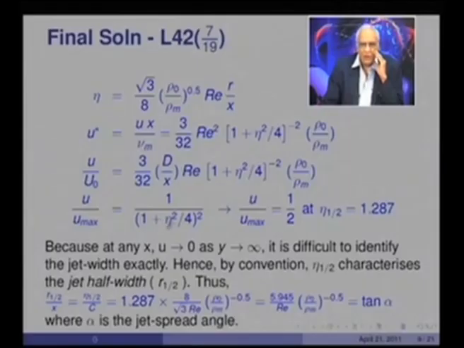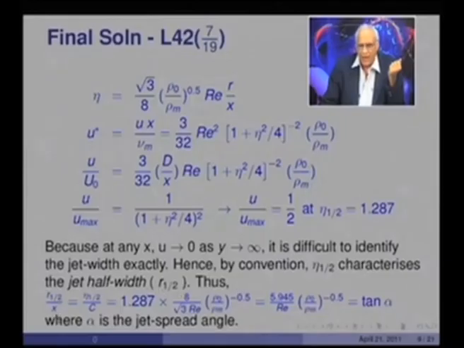You can see 1.287 squared divided by 4 plus 1, whole squared, would give you 1 by 2, and therefore eta half equal to 1.287 is the dimensionless jet half width. By convention we say eta half characterizes the jet width r half.